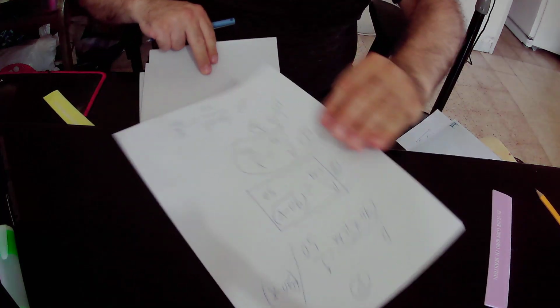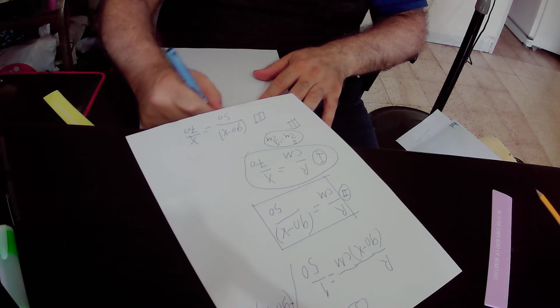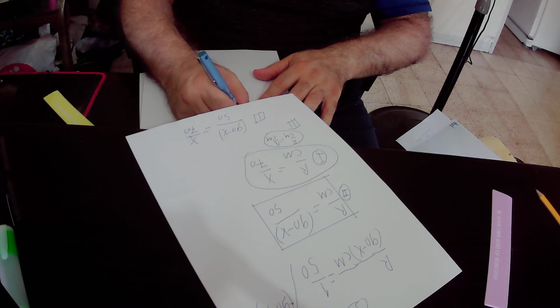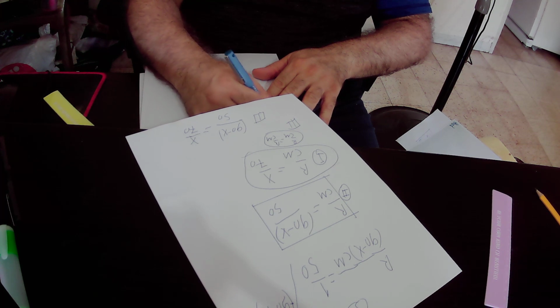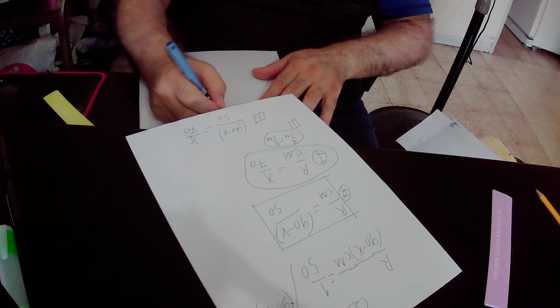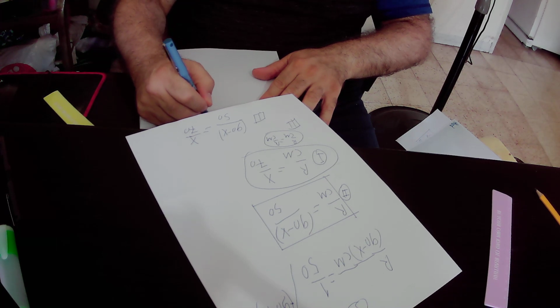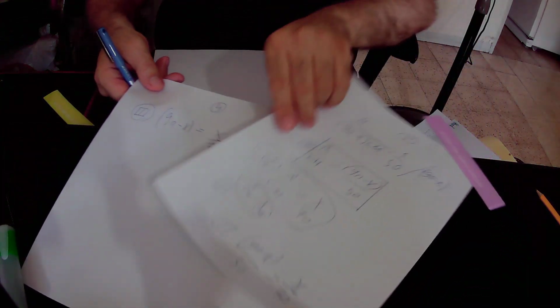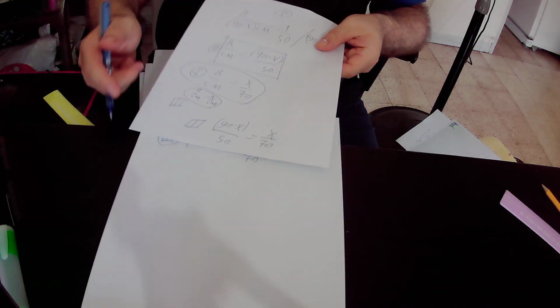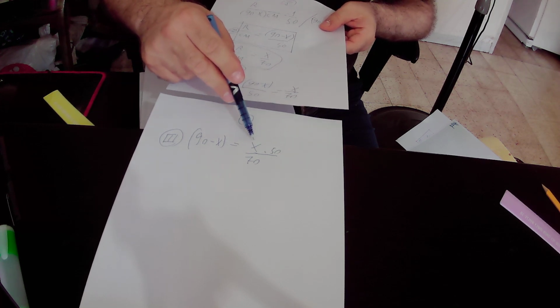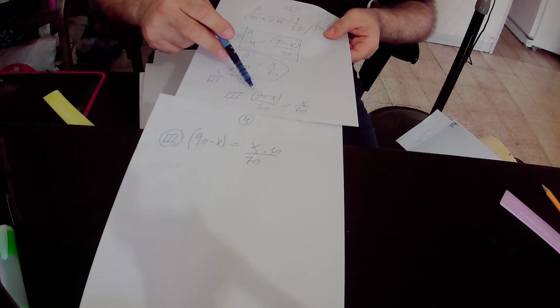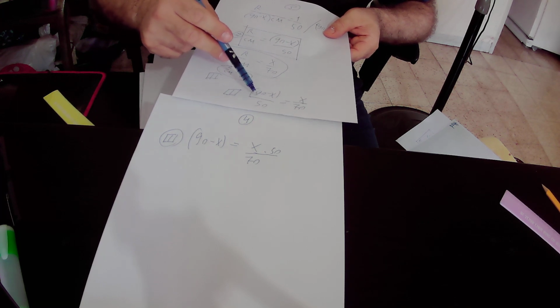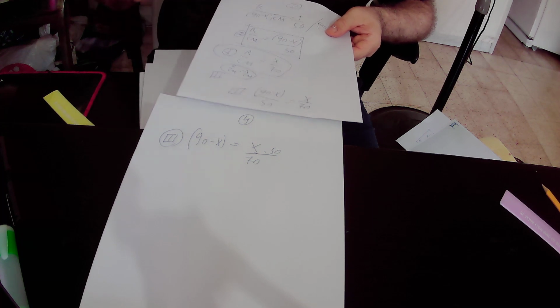We will get that 90 minus x equals 50x over 70, because 90 minus x divided by 50 times 50 equals 90 minus x.